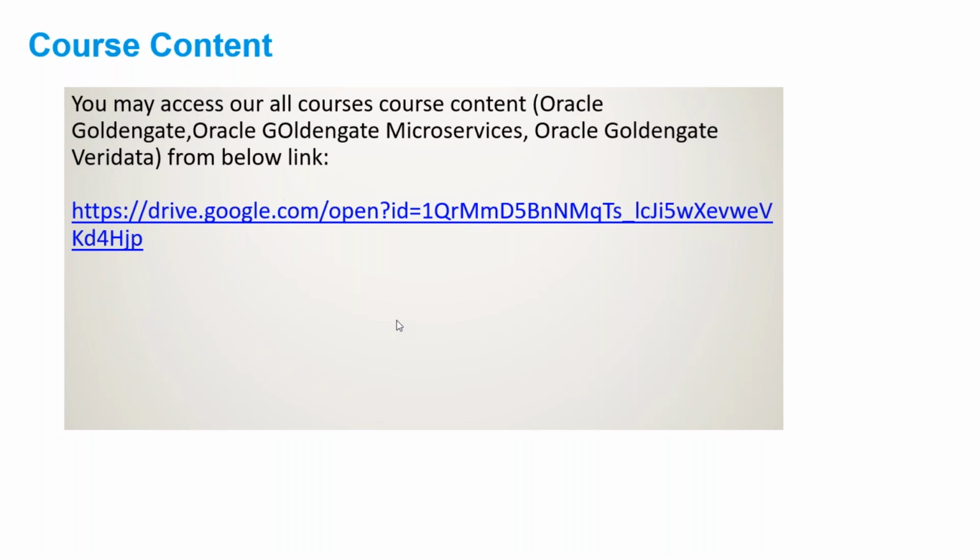If you're new to Goldengate, my recommendation is always to first learn classic architecture, then move to microservices, then move to Veridata. The reason I always say first learn classic architecture is, I'll give you one example. For those of you who have worked on the command prompt and those who have directly worked on the GUI of Windows, those who have worked on the command prompt know the ins and outs of Windows.